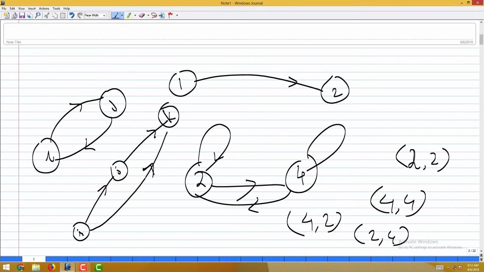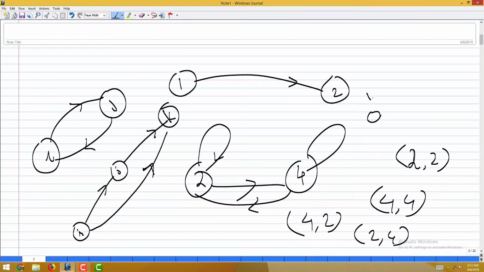So, this is transitivity. Can anybody guess, if I get an equivalence relation and draw the graph corresponding to it, how will it look? Because of reflexivity, self loops will be there everywhere.